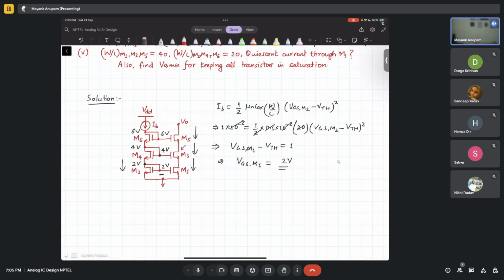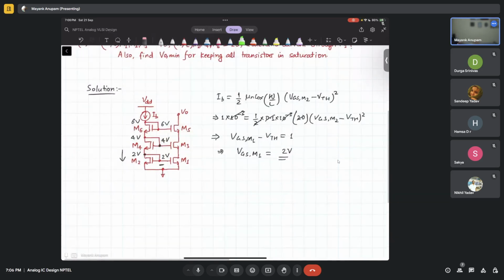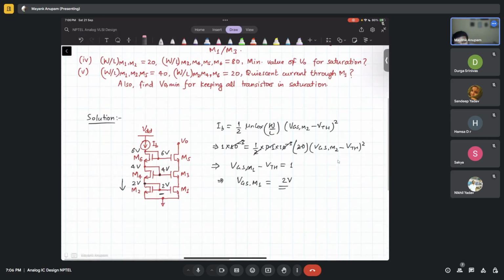For M3 to have the same current as M4, how much has to be the gate to source voltage? Same as M4, right? M3 and M4 are identical. So if they are having identical currents also, the gate to source voltage has to be same, right? Isn't it?